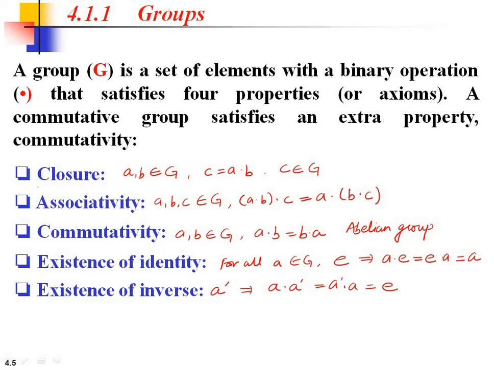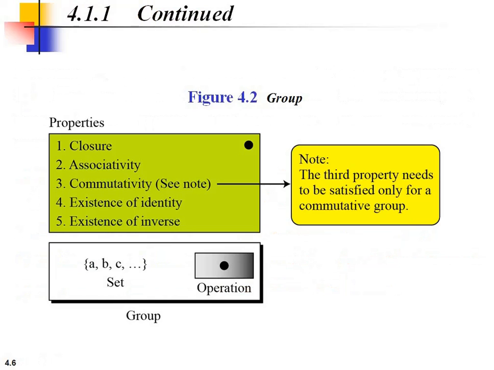These are the properties which a group satisfies, four in fact, and the fifth property is the commutative one. If the group also satisfies the commutative property, we say that it is an abelian group. Here we have shown all these five properties, and again the point to be noted is that the commutative property needs to be satisfied only for the commutative group.